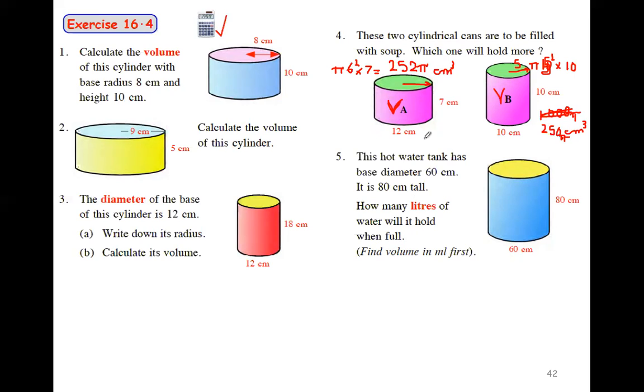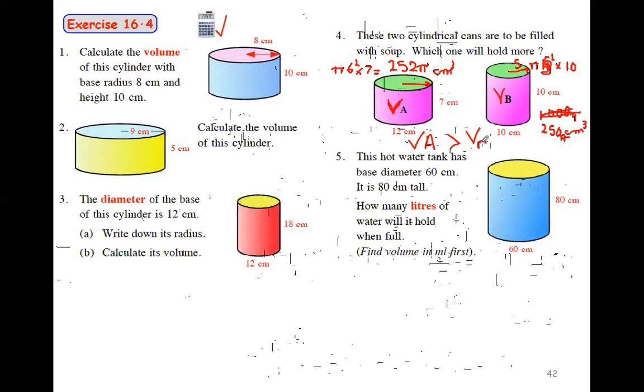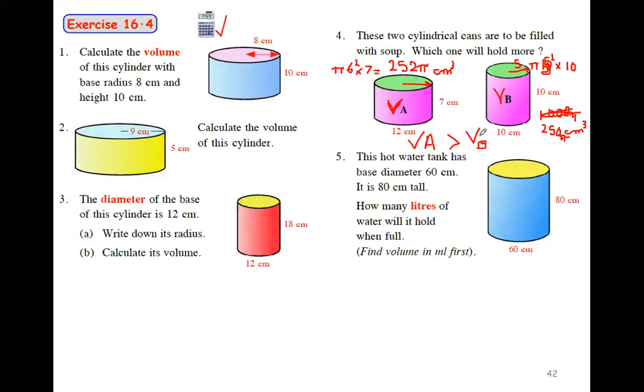So then you would just say A will hold more because VA is greater than VB. So that's how you would answer this question.